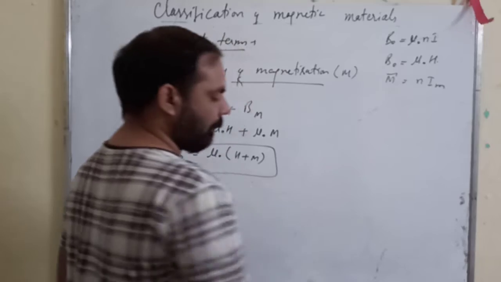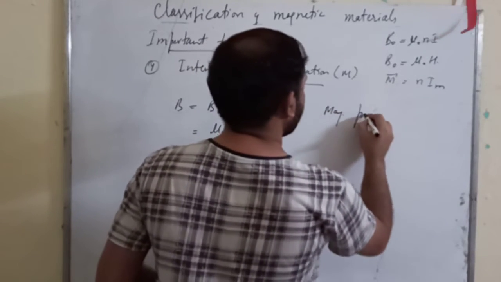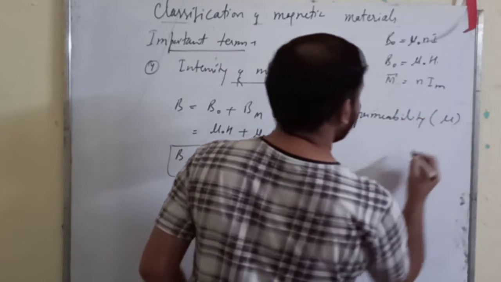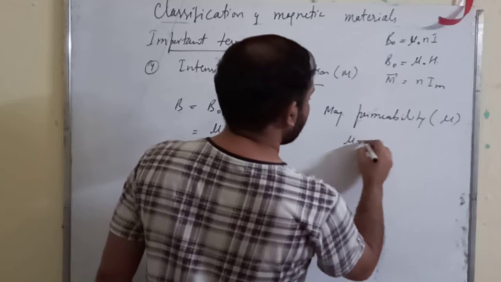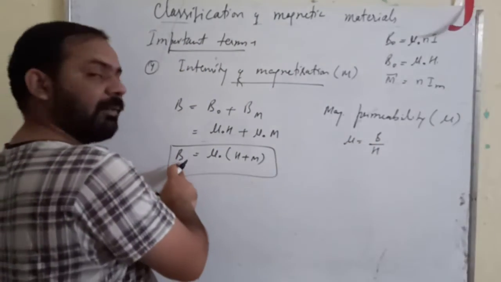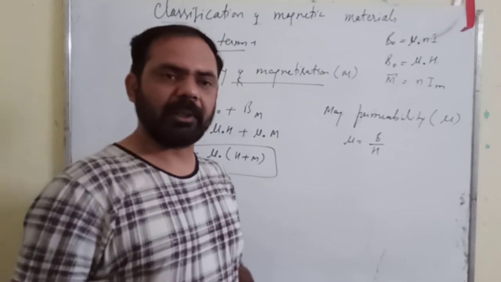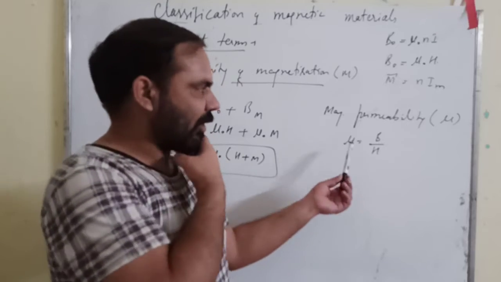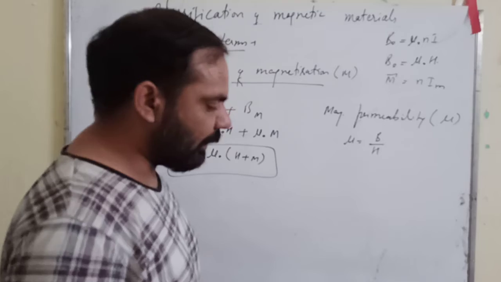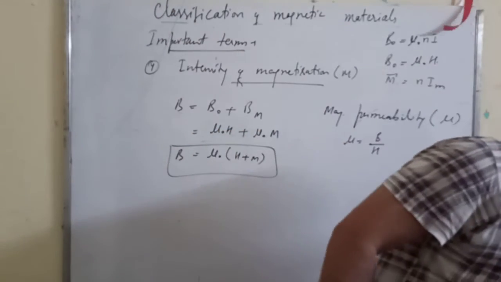First one is magnetic permeability, which is denoted by mu, and it is nothing but the ratio of B and H, right? This is the total magnetic field developed per unit intensity of magnetizing field, that is your magnetic permeability called mu.